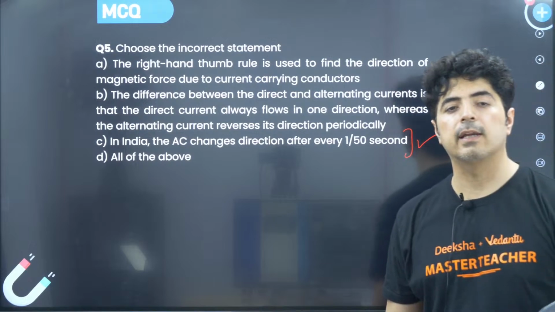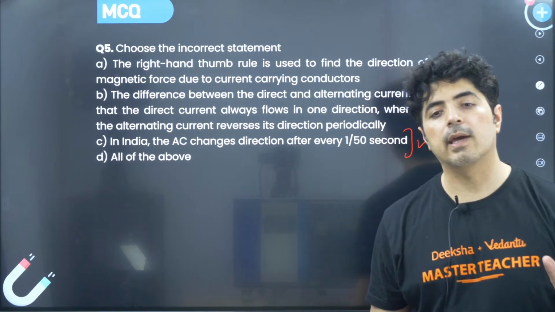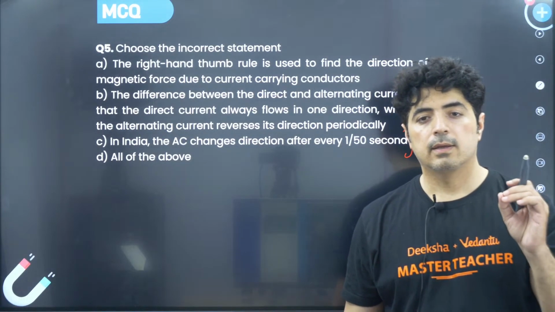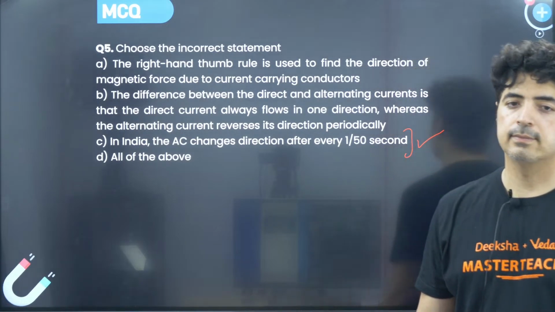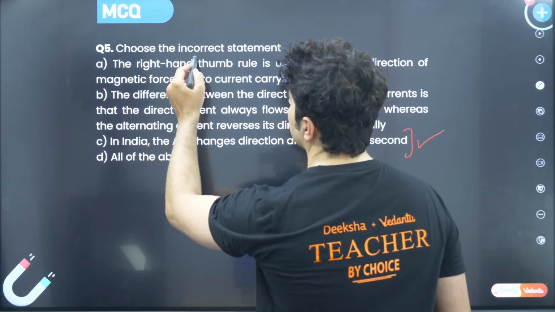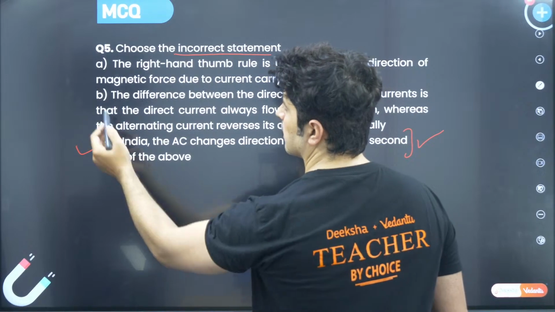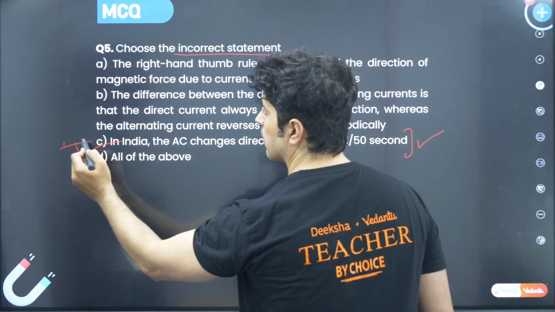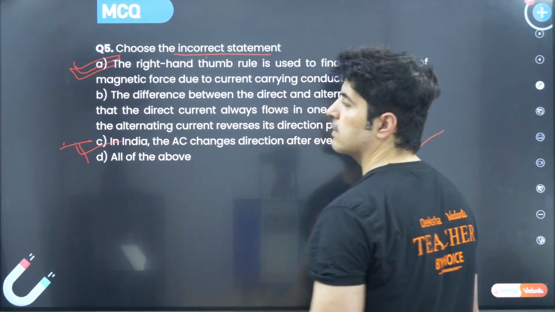Remember when I was explaining about 220 volt 50 hertz, I used a statement in which AC changes its direction 50 times in 1 second. This is the same statement actually. So we need to find the incorrect statement. This is the correct statement. So this is true, right? We need to find incorrect. So the right answer is A.